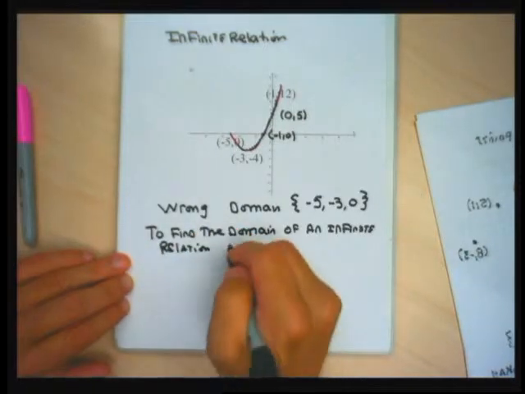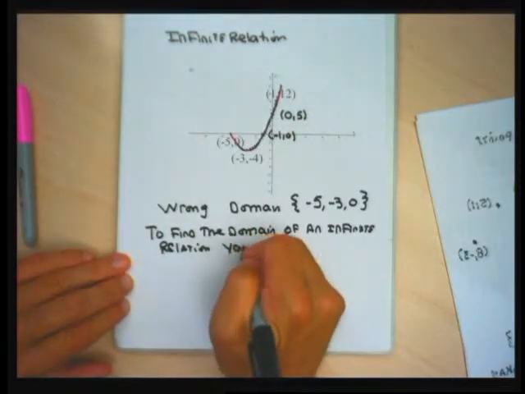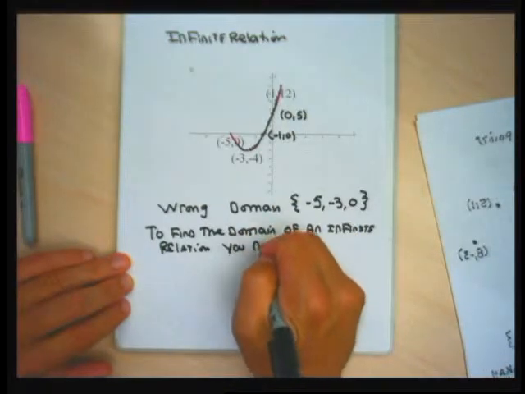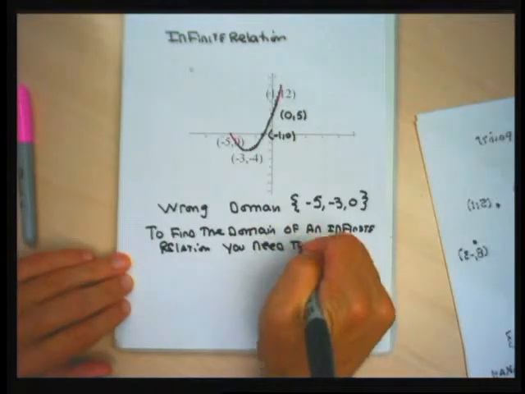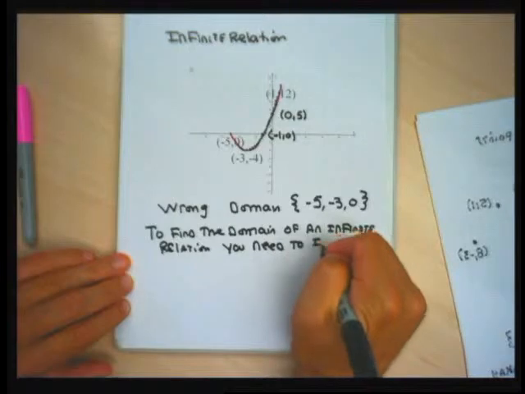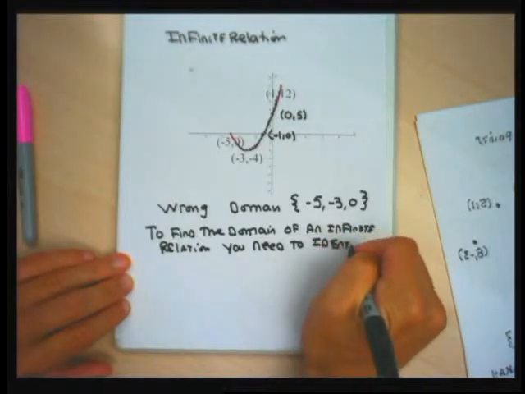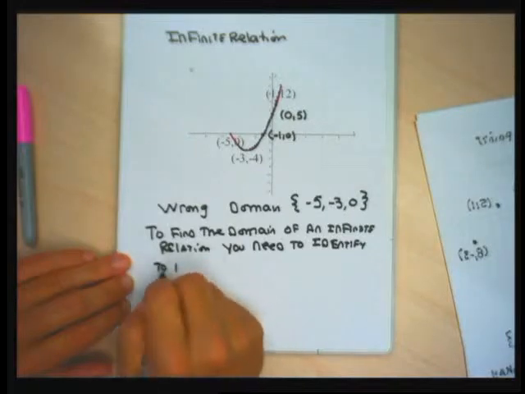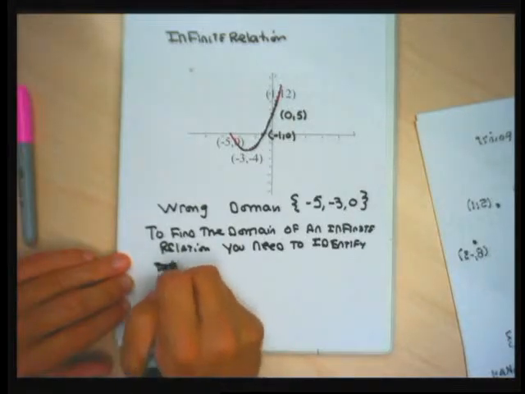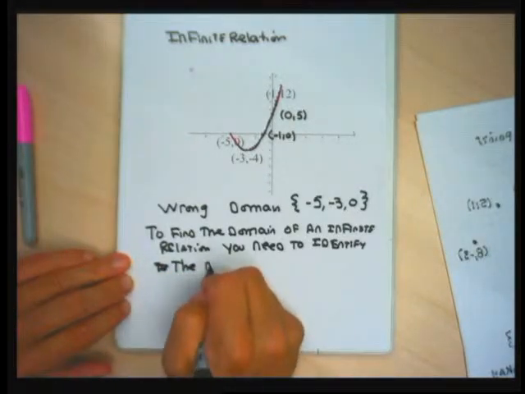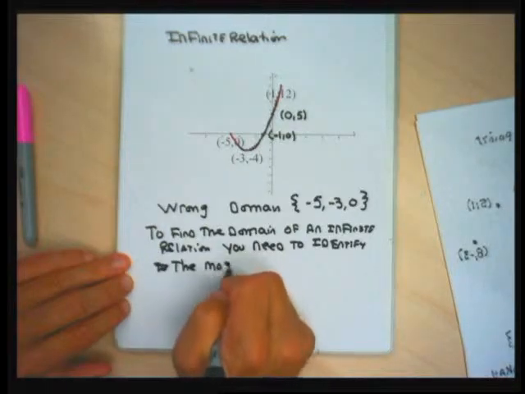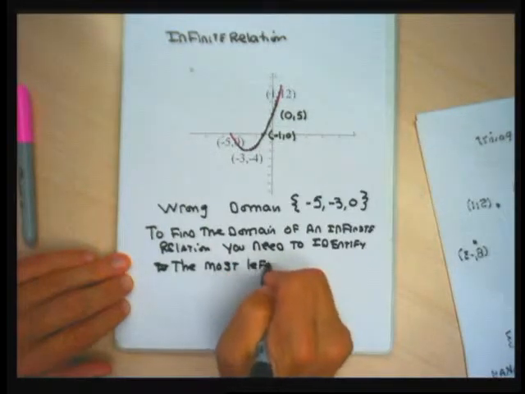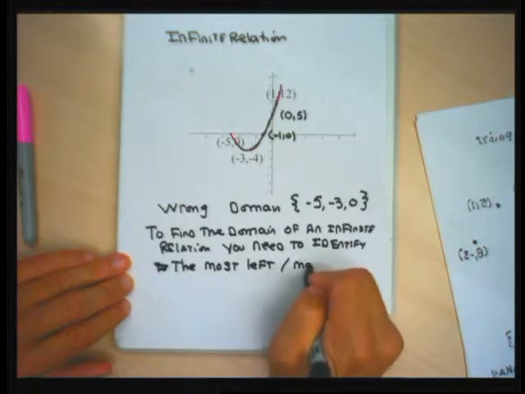You have to identify the far left point and the far right point. So I'm going to look at this graph. You need to identify the point that's most left and the point that's most right.